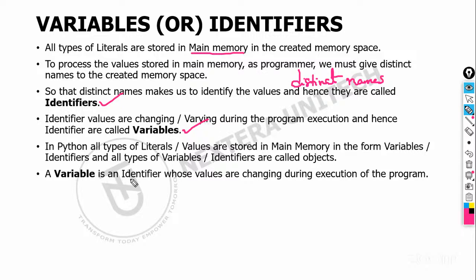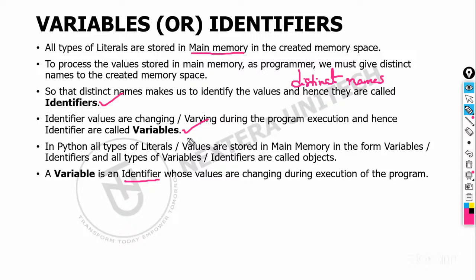Variable is an identifier whose value keeps on changing during the program. Within a program, the value for a variable will not be constant, friends. So this is the introduction for variables or identifiers.